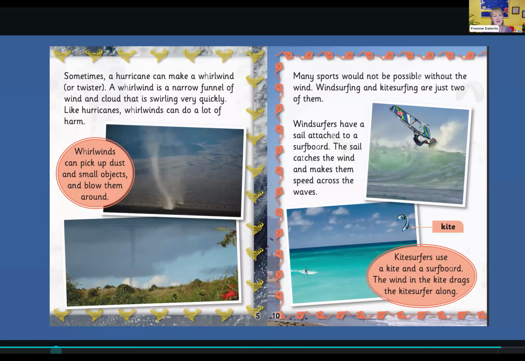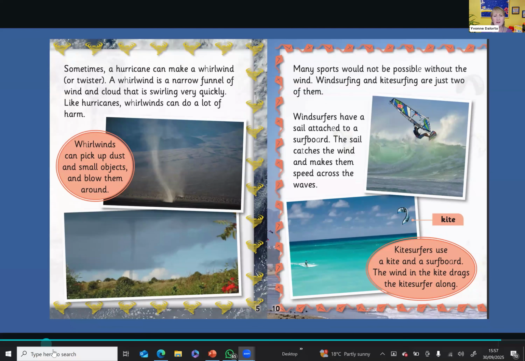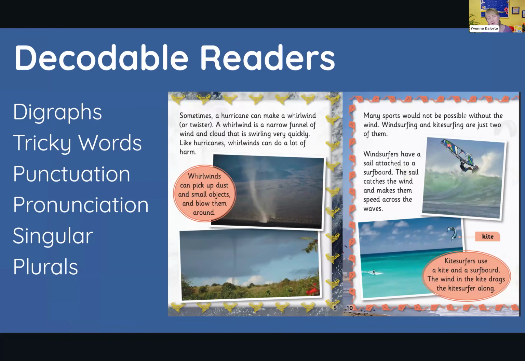But more than anything, as we move along with children's reading, what else are they doing? They're doing tricky words, they're doing punctuation, they're doing pronunciation, they're doing singular and plurals. They may be doing regular spellings and irregular spellings. So every bit of resource you have can be used in many different ways. And you can surprise the children by giving something different to consolidate what they've done in the class.